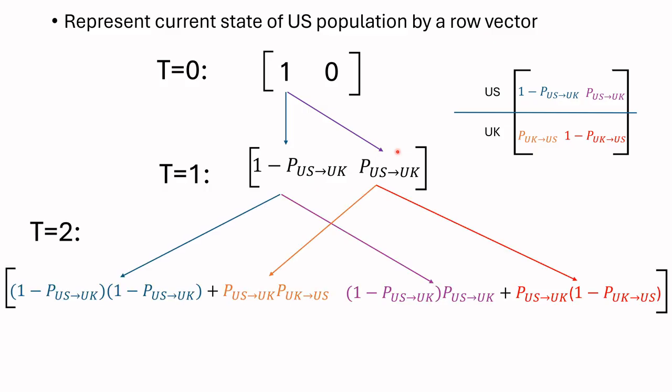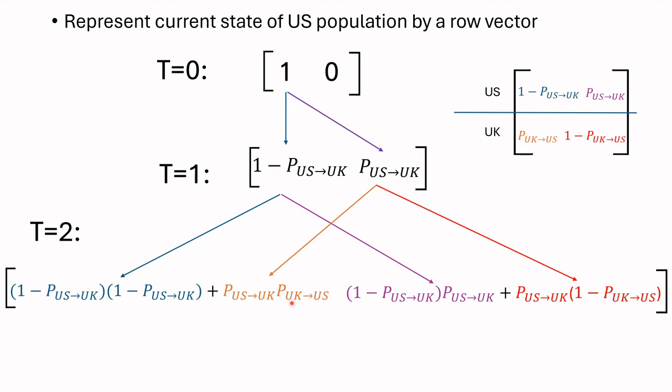Well, we just do the exact same thing again, except there's a little bit more to consider. Now you have this amount of people in the US, and they all flip the coin, and of course they have the same probability of it landing on tails. So this was the amount of people originally there, times the portion that are going to stay in the US. But also now you have to consider that some of the people who went to the UK are coming back to the US because they flipped the coin in the UK.